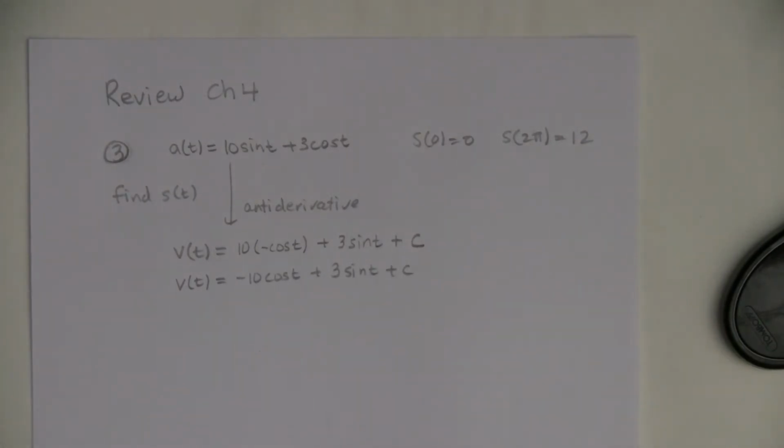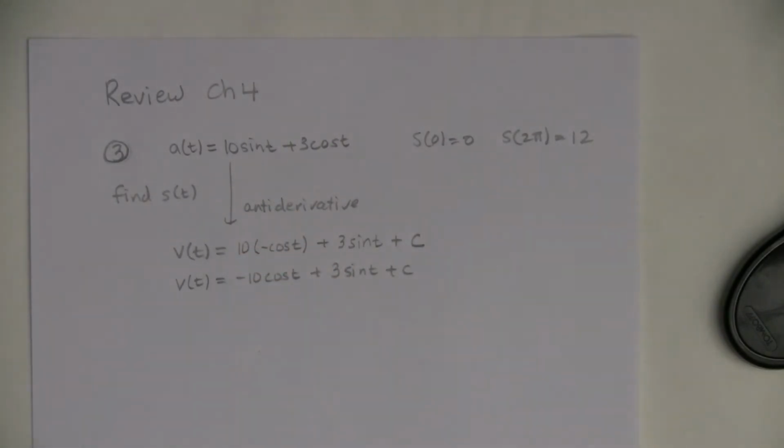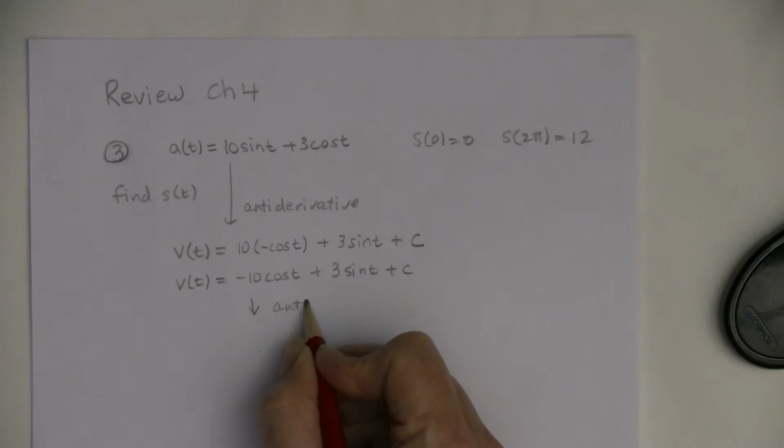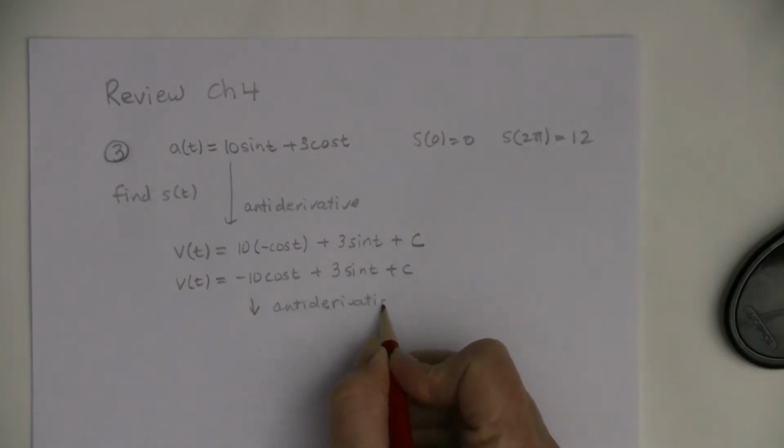Now I don't have a way of finding what C is because they didn't tell me what the velocity is, right? And so I'll just have to take the antiderivative again of all of the pieces.